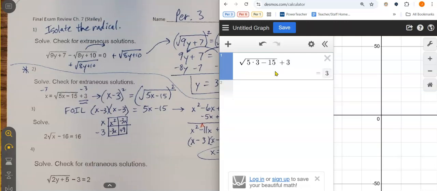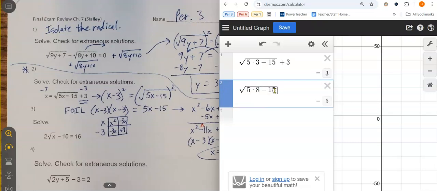Yes! It worked. Okay. And let's see. This time I'm plugging in an 8. 5 times 8 minus 15. And then I'm supposed to add a 3, and I have to get an 8. Yes! It worked. I'm just happy because they're both good answers, sir.